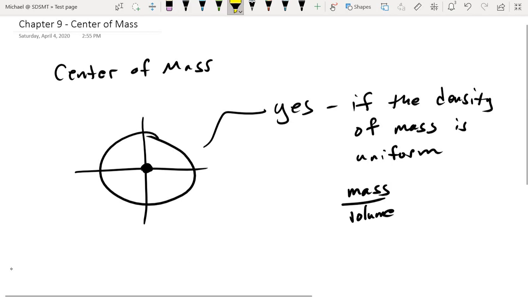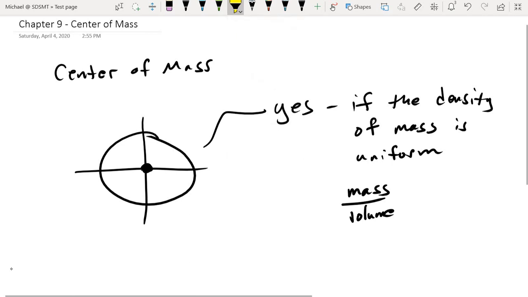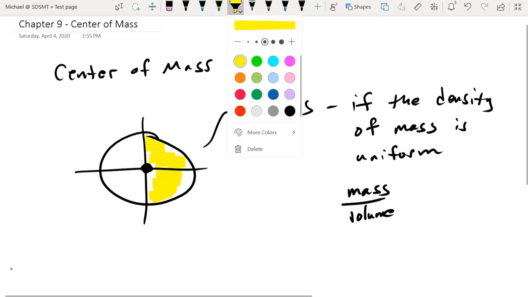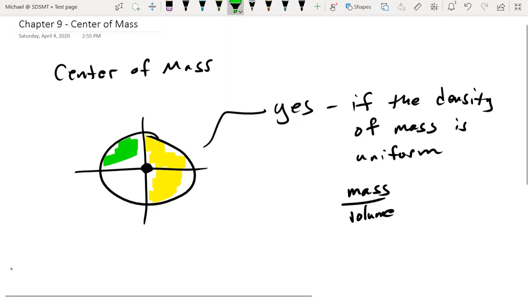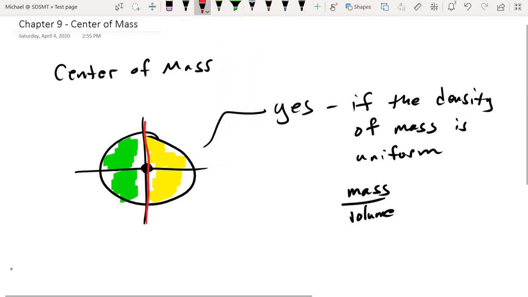And if we do that, what that means is that if we were to bisect this material, then we would have the same amount of mass on one side as we do the other. And then the center of mass for our object would have to lie somewhere along that bisector.